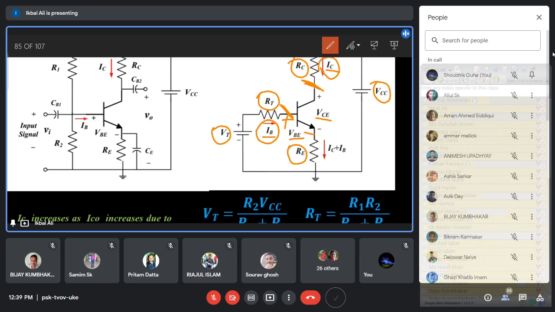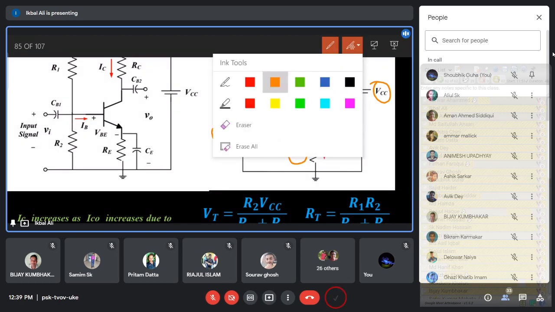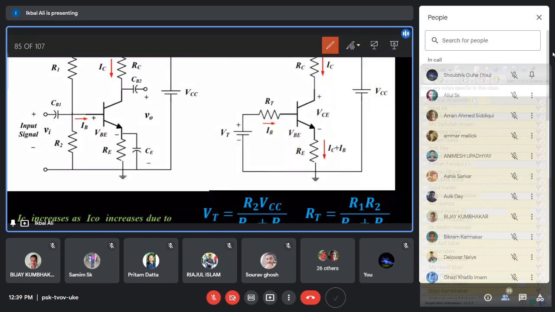At room temperature, for silicon material, you have 0.7 volt. So you know this base emitter voltage. Among the 4 unknown variables, that is IC, VC, VB, and IB, which are the unknown quantities of the circuit, you know the base emitter voltage if you know the material.